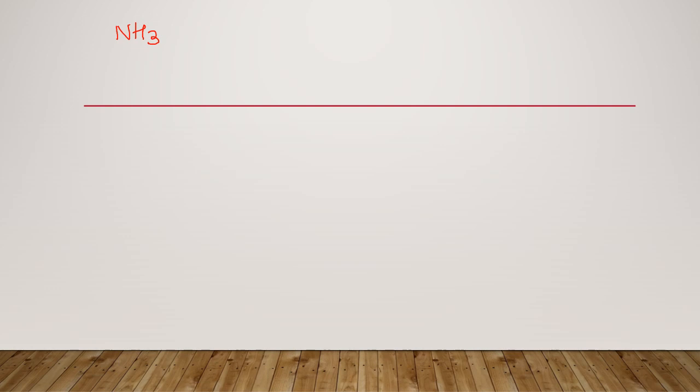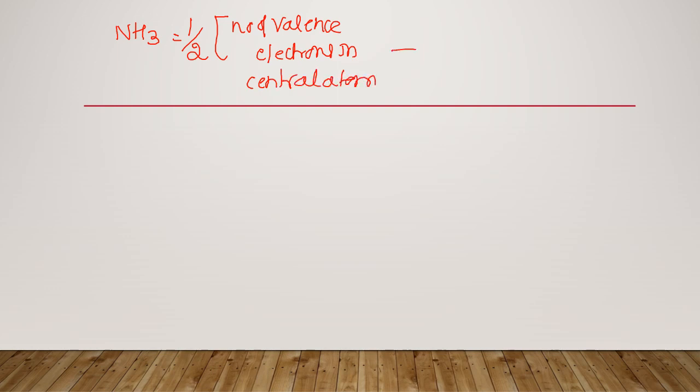So one simple formula we can use here is half into number of valence electrons in central atom plus number of monovalent atoms attached plus, if there is any anionic charge, that means in a given molecule any negative charge, if it is an anionic molecule, then in that case we need to add that charge.